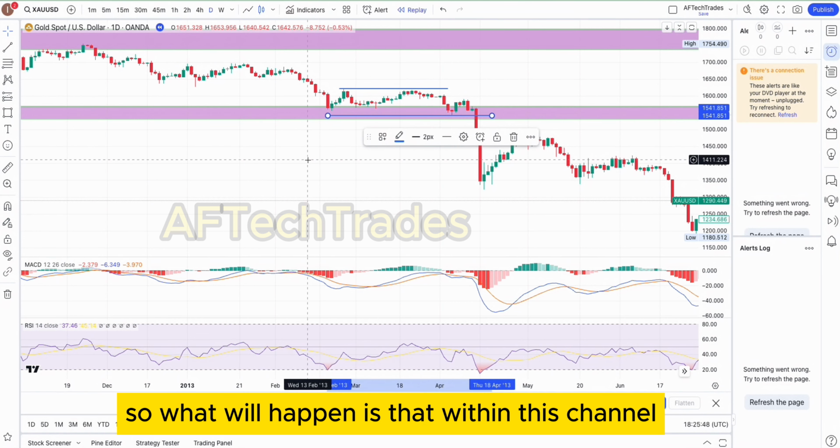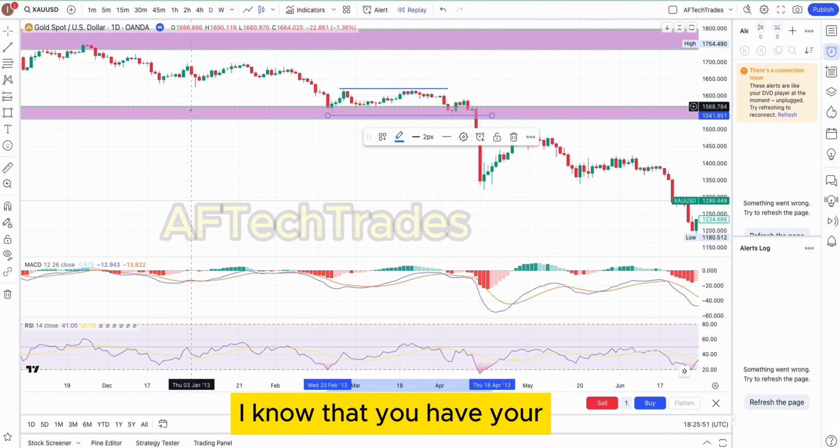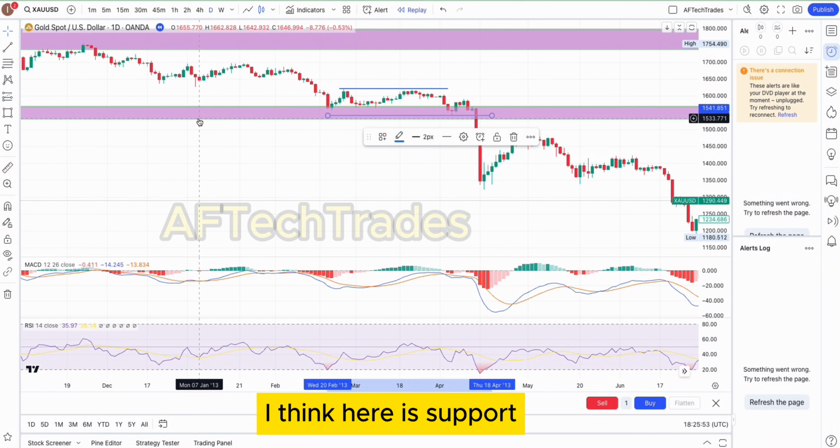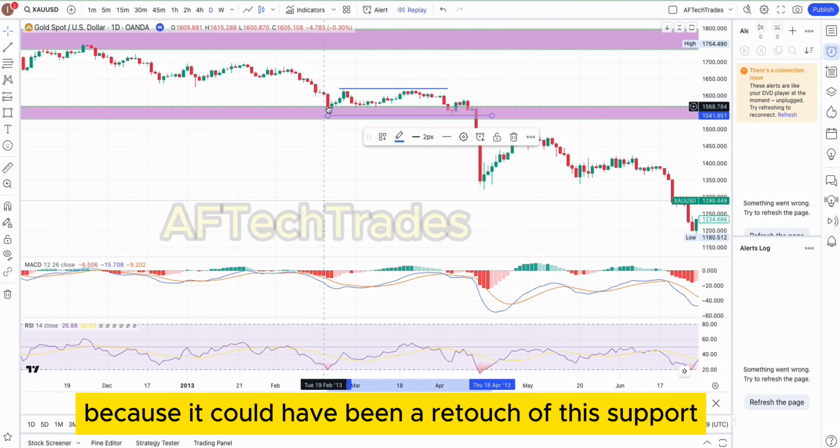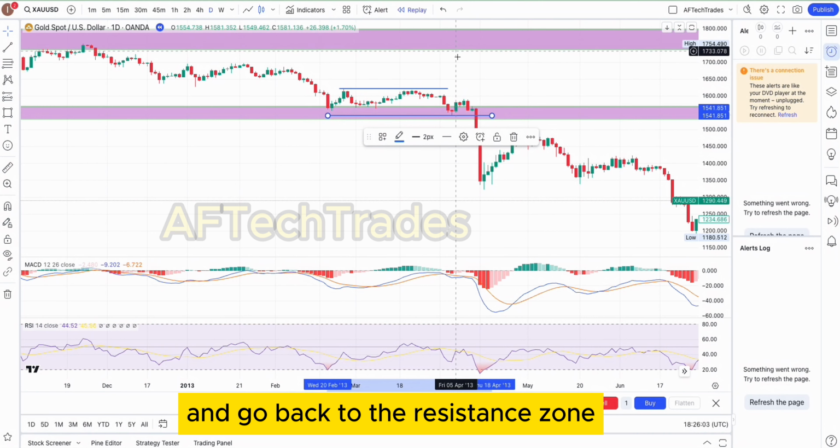So what will happen is that within this channel, I think here it's a support. You have your support here. Within this, you'll be checking, because it could have been a retouch of this support and go back to the resistance zone.